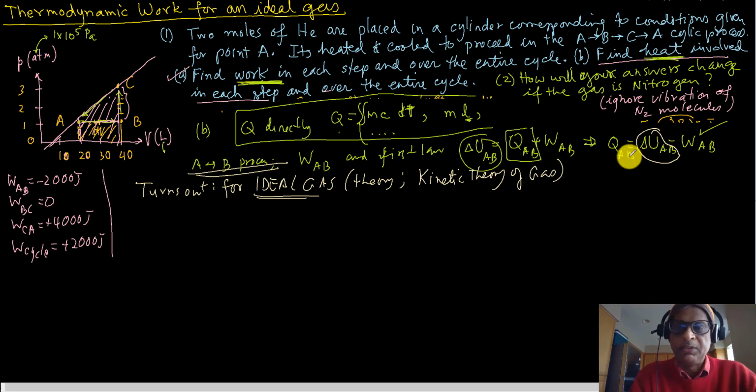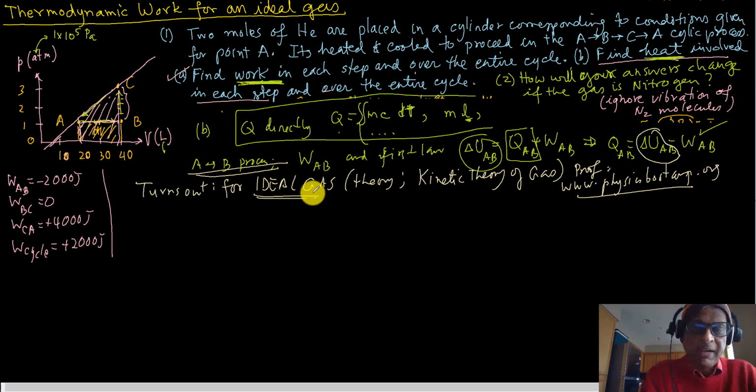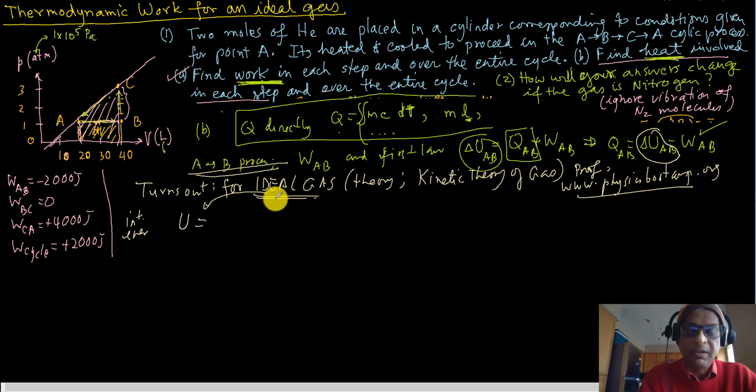You can see it in some books like in Physics Boot Camp. In my book you can see the proof. For ideal gas, you have something called internal energy, which can only depend on temperature and degrees of freedom.